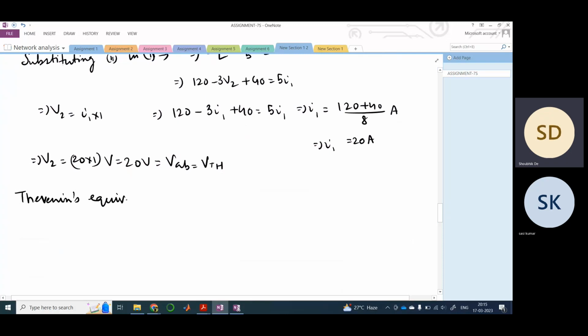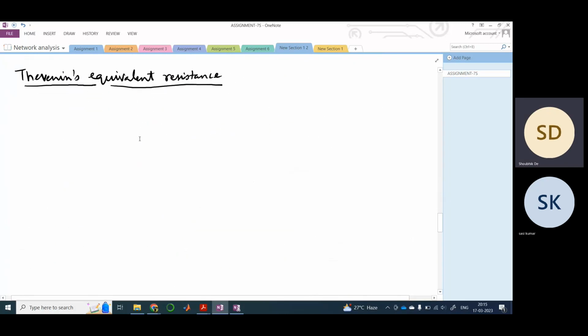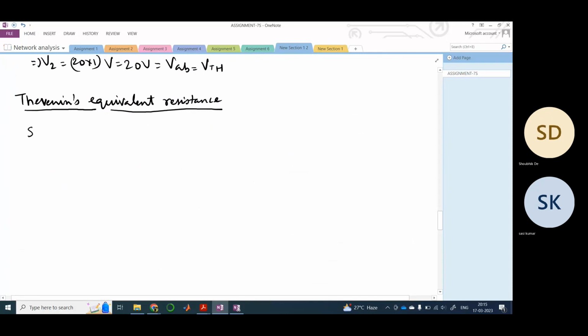Thevenin's equivalent resistance. For this, what we will do is firstly short circuit the voltage source, short circuit all voltage sources, and open circuit all current sources, right?